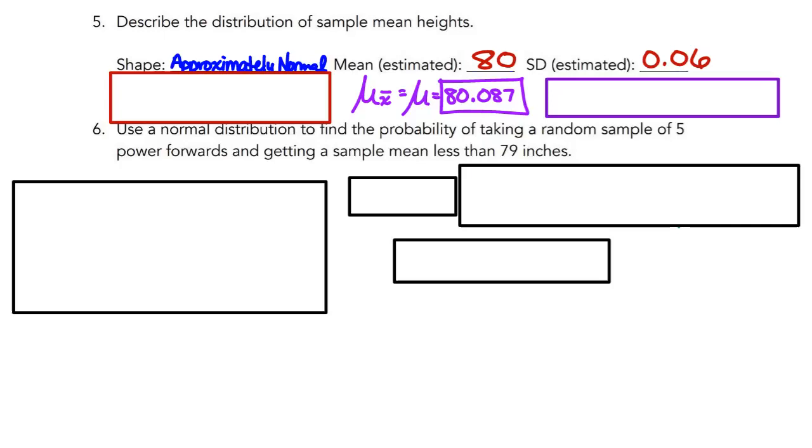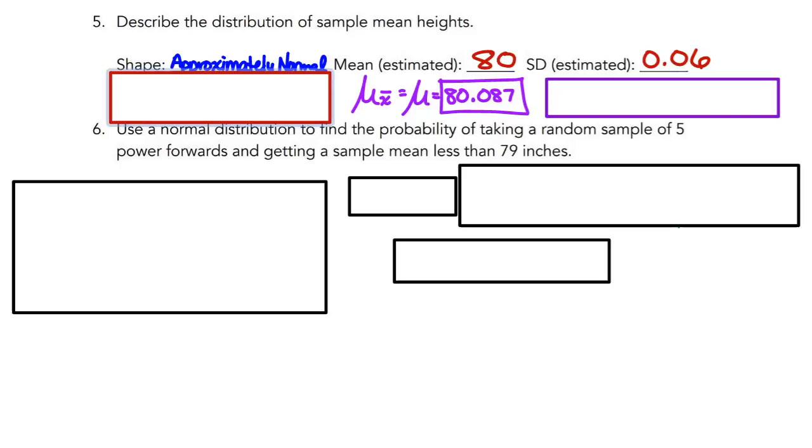That was about where we just ballparked it visually from our sampling distribution. The mean of our sampling distribution, that's what mu x bar means, is going to be the same as the mean of the population. And while we didn't calculate it out to the 0.87 part, we were told on page 15 that that was the mean of the population.